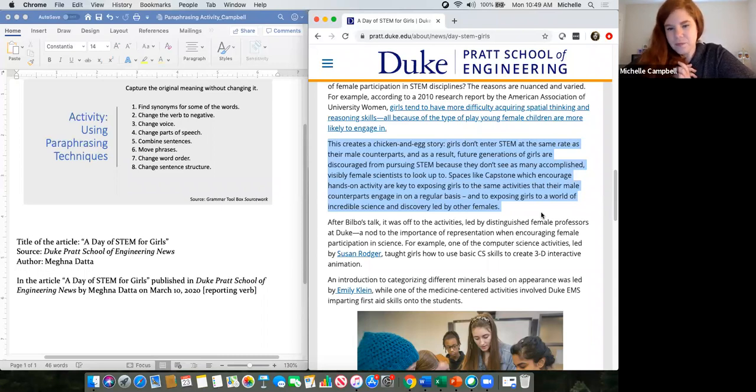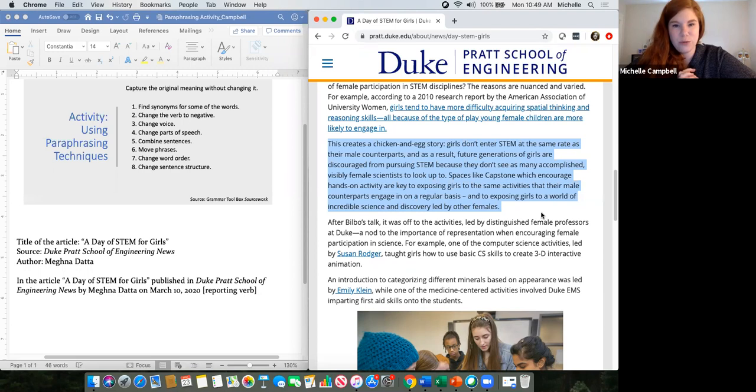So just to give you some background, since I've skimmed this article and you haven't, this is about an event on Duke's campus hosted by a group called FEMS, which encourages female participation in STEM disciplines. So the event was for young girls and female identifying young people to help get them interested in science, technology, engineering, and mathematics.